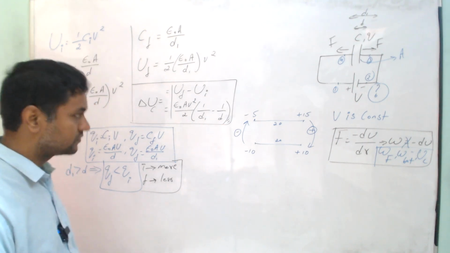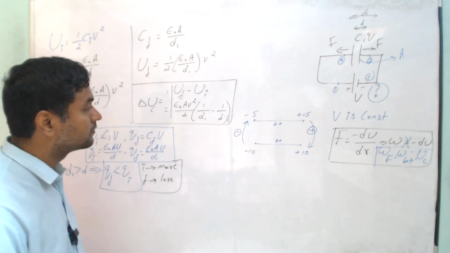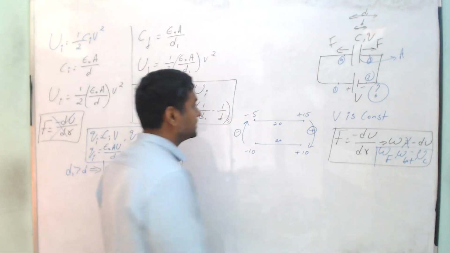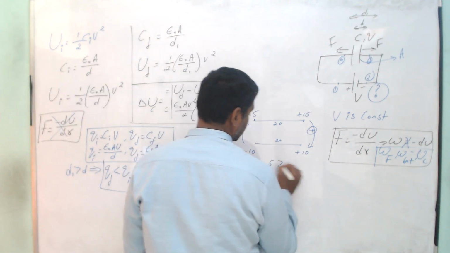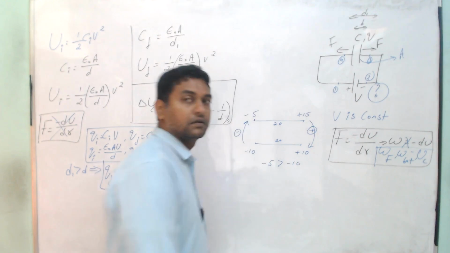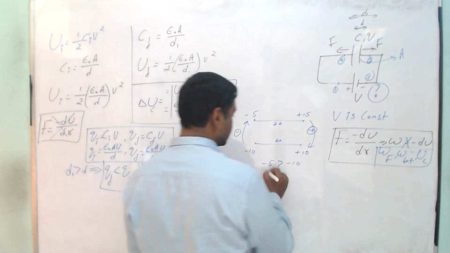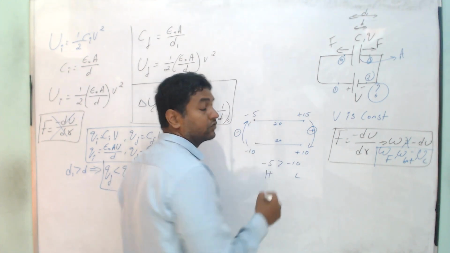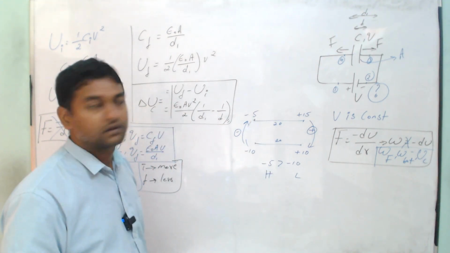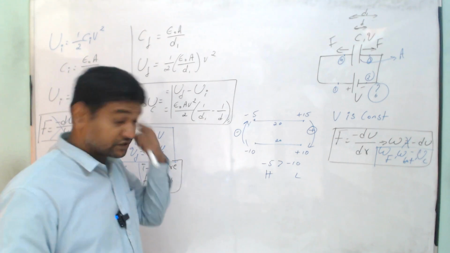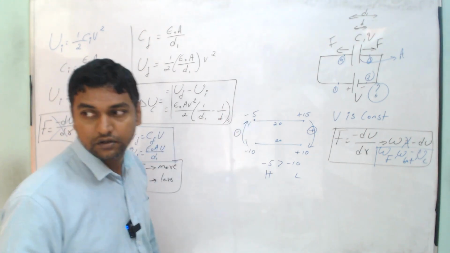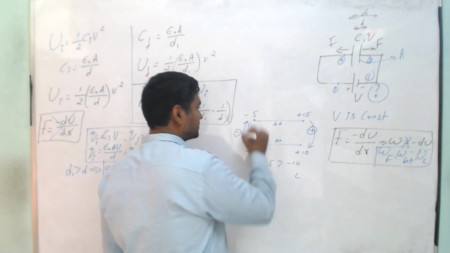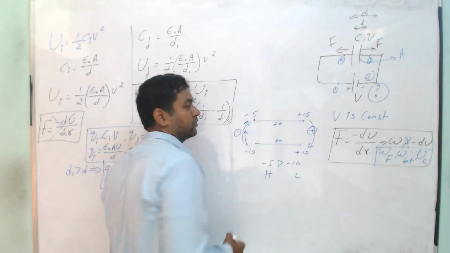Minus 5 is greater than minus 10, so it should go down only. This is higher, this is lower. Positive charge will go from higher to lower. Yes, sir. The negative charge will go from lower to higher.